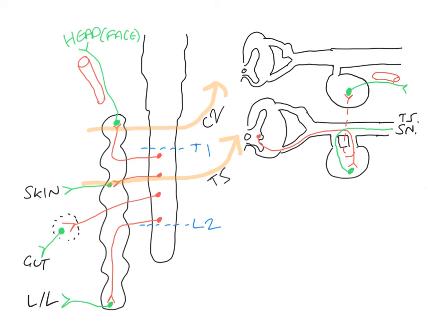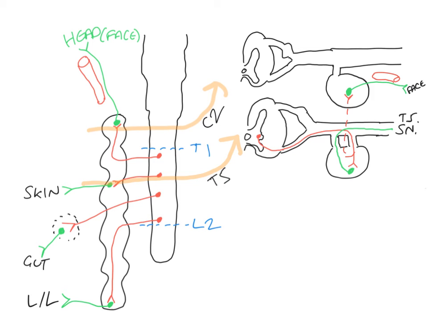So that would be how we get to the face. Through a direct branch which leaves the uppermost sympathetic ganglia, runs along blood vessels, so those would be branches of the common carotid artery, and then enters the face. So that's how the face gets its sympathetic supply.